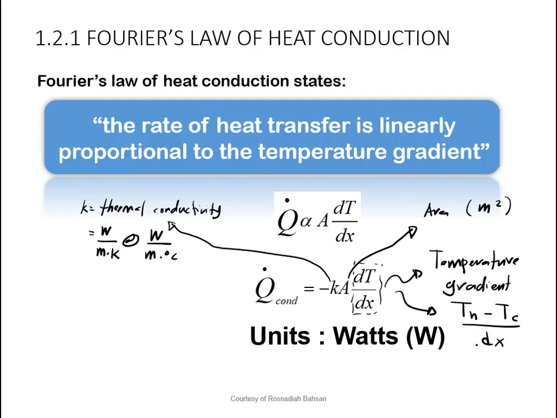What is dx? dx is the thickness, and the unit must be meter. T hot minus T cold has the unit Kelvin or degree Celsius. So that is all about Fourier's law of heat conduction.